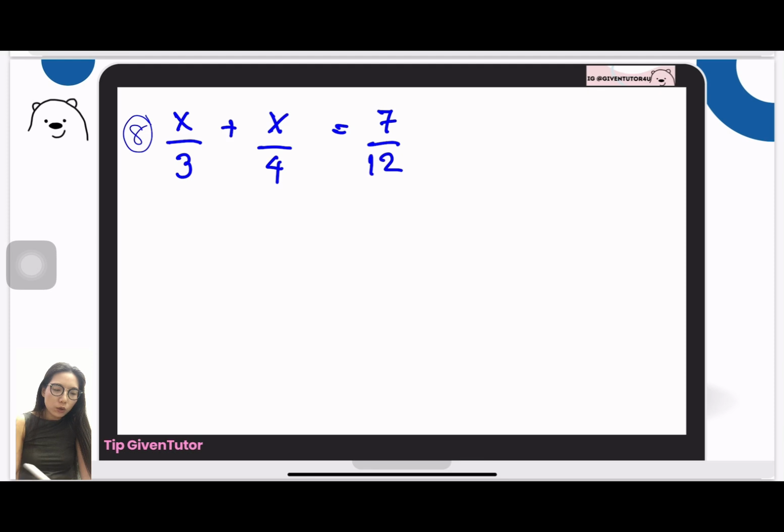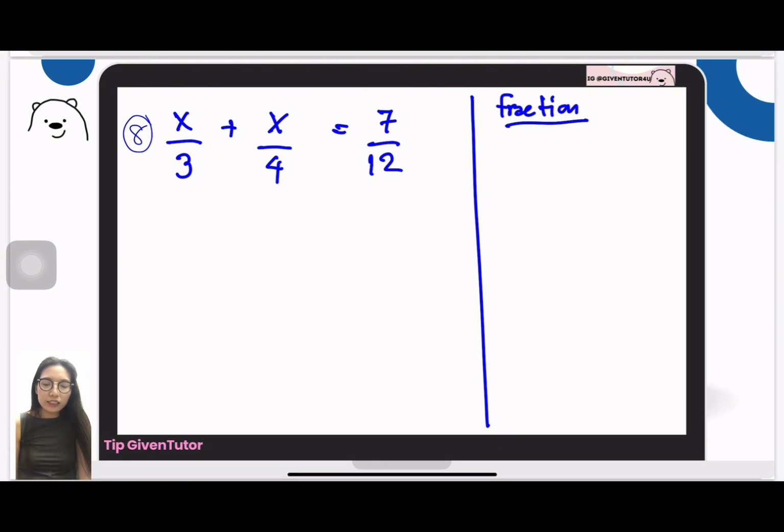Okay, let's take a quick look at this one. This is the fractions. There are some people that say, oh my god, this is the fractions. Yes, this is the fractions, but it will be exactly the same thing when we look at the fractions, right? The first thing that I will review about the fractions is when you have the 1 over 2 and then plus 1 over 3 right here, you will do it the same, like here this is the denominator, right?